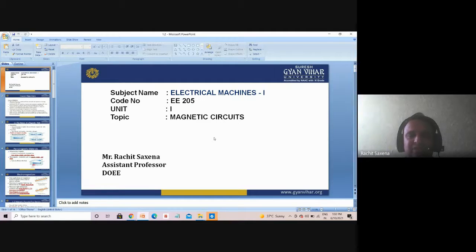So through the magnetic field we can change electrical into mechanical and mechanical into electrical. For that we need a coupling circuit, the magnetic circuit. In the previous lecture I told you some basics of magnetic circuit, and we continue in this lecture to study more about it.